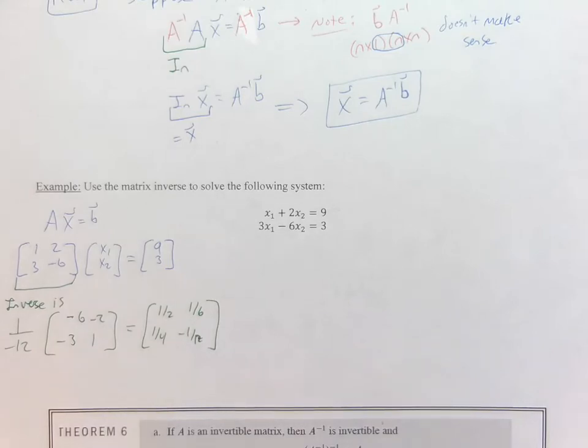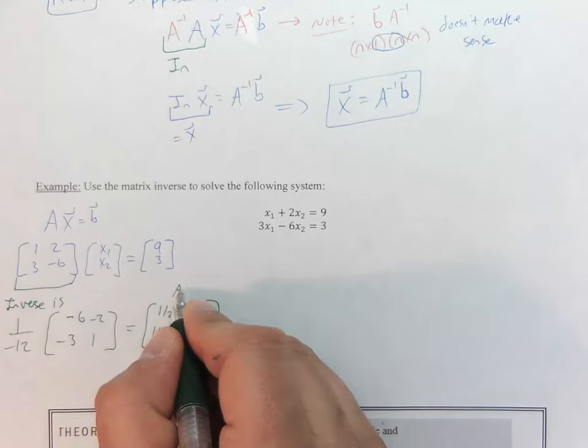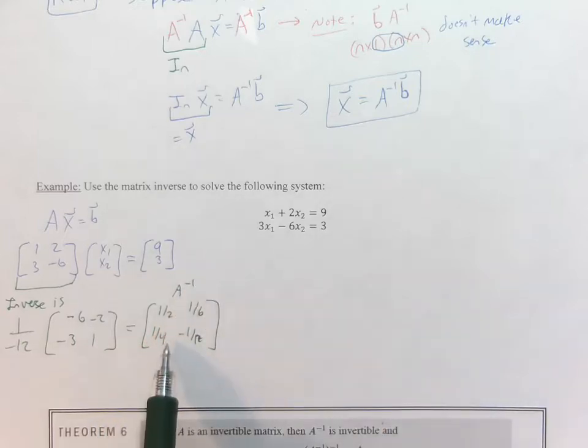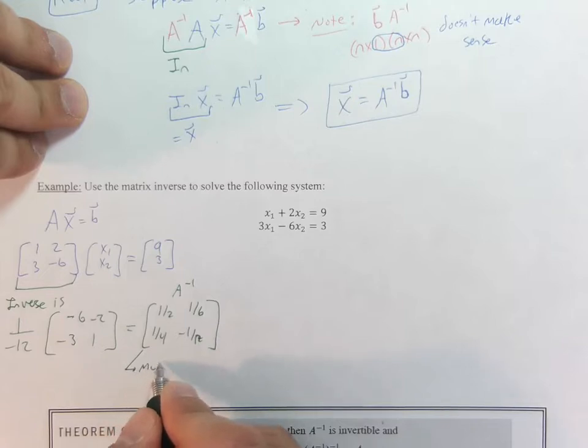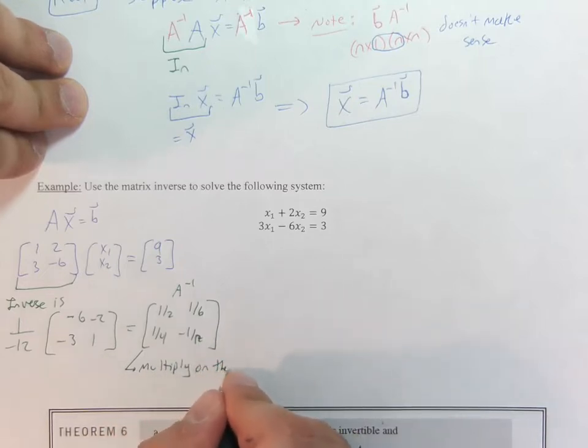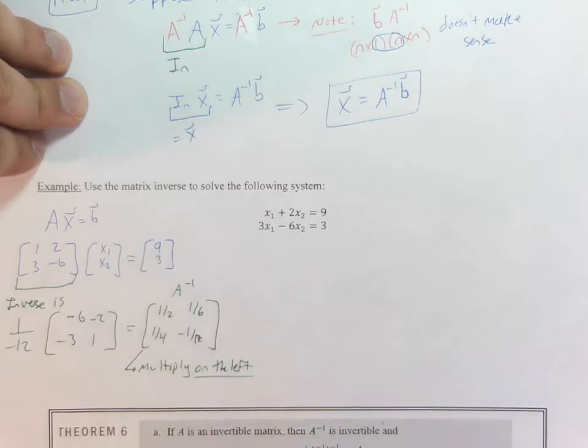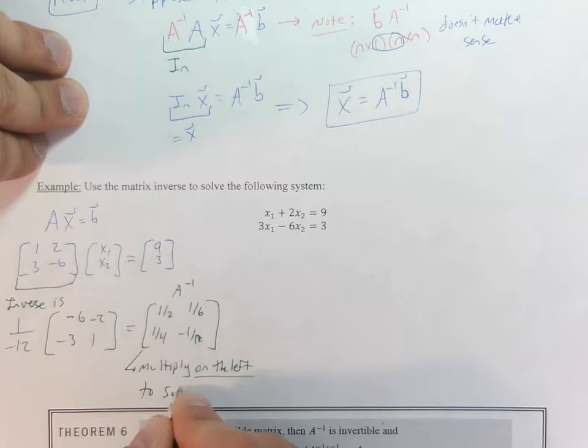And so this is our inverse, this is A inverse, right? And so we want to multiply on the left by this. And on the left is an important thing there. Multiply on the left to solve the system.